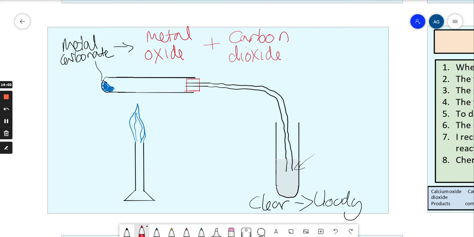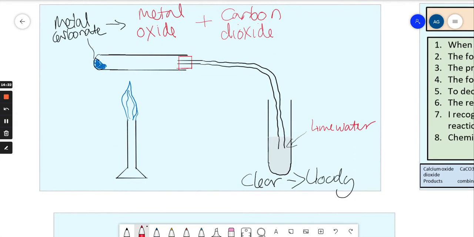Well, this liquid is called lime water. When carbon dioxide is bubbled through it, it goes from clear to cloudy, or milky is the other way it could be described. So if this happens, we then know that it is a metal carbonate in the powder that you were testing to start with.